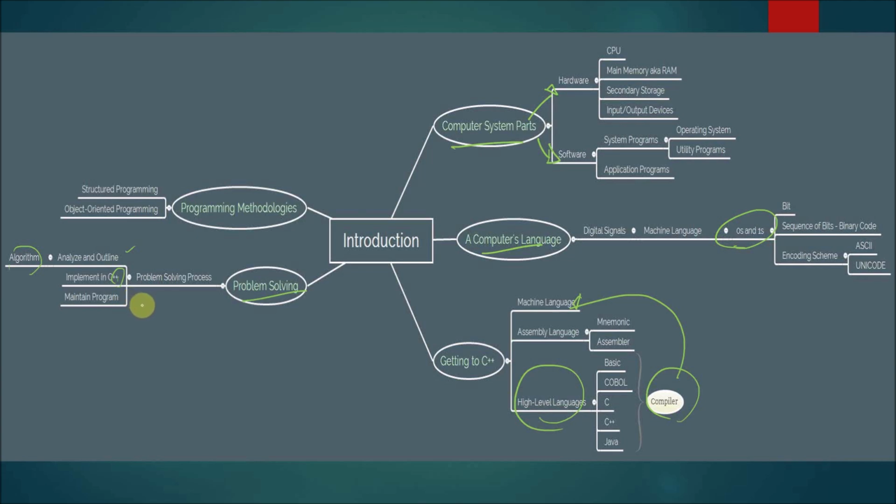And in our case, we use the example of how often and how much you should be studying for our class. And then we talked about programming methodologies, basically structured programming versus object-oriented programming, and how C++ is an example of object-oriented programming.